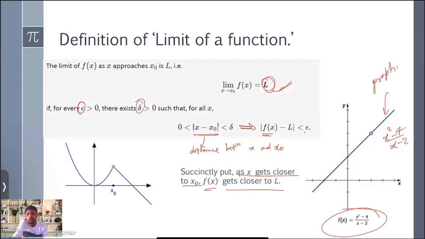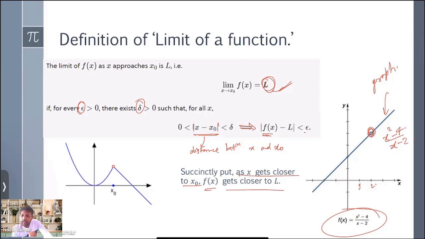Now if I ask you to find the value of this function at x equal to 2, would you be able to do that? We can't really, because at x equal to 2 this function is not defined there.